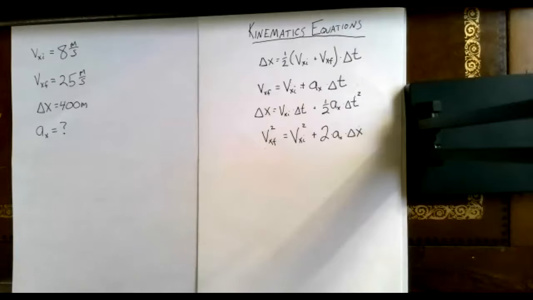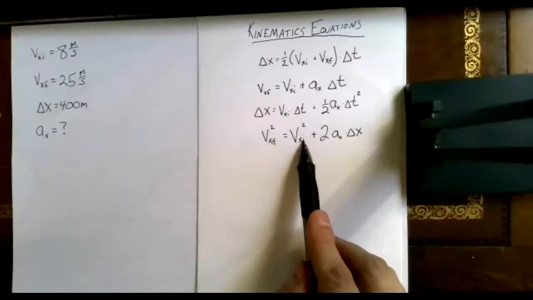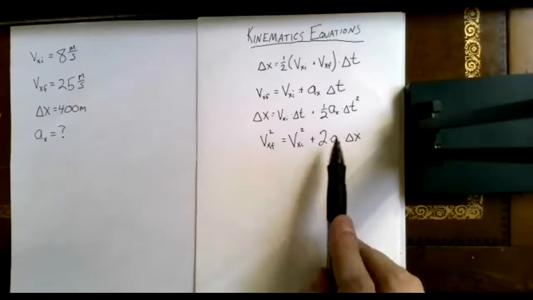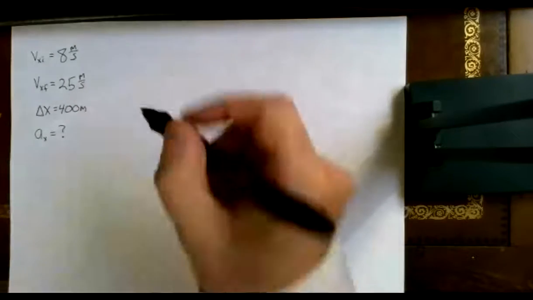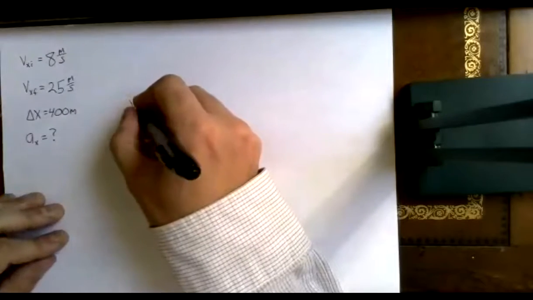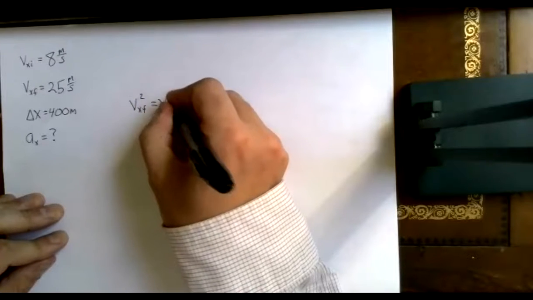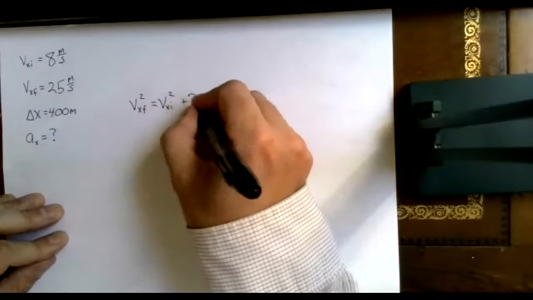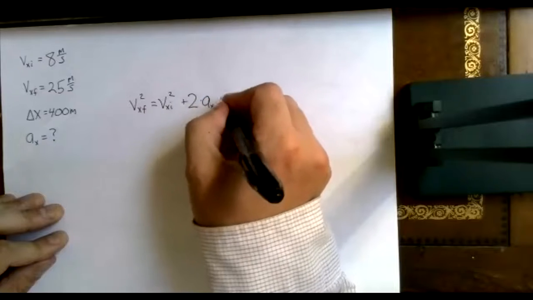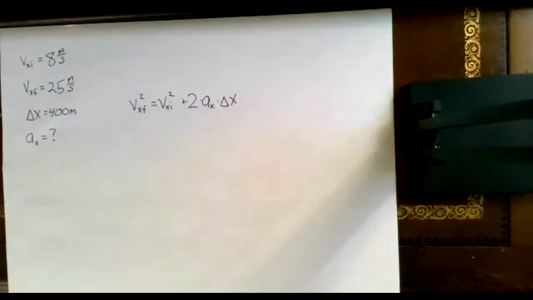It's the last one. The last one has VXI, VXF, delta X, and AX in it. So I'll copy that one down. Final velocity squared equals initial velocity squared plus 2 times acceleration times displacement.